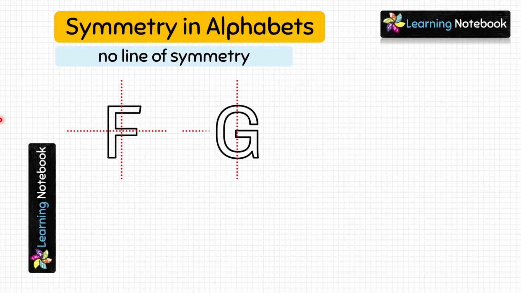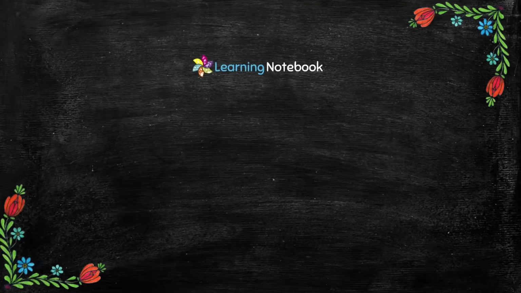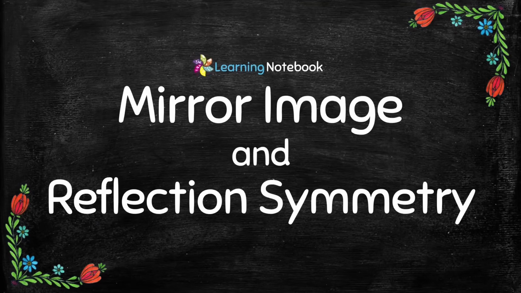Same for alphabet G, J, L. All these alphabets have no line of symmetry. F, G, J, L. Next, we are going to do a very important topic, mirror image and reflection symmetry.